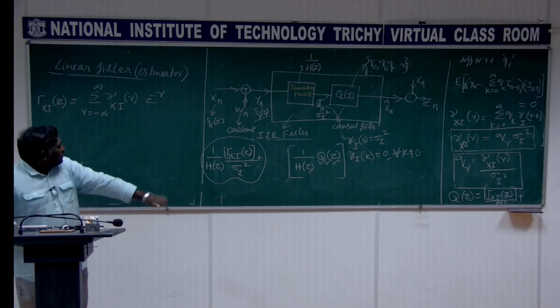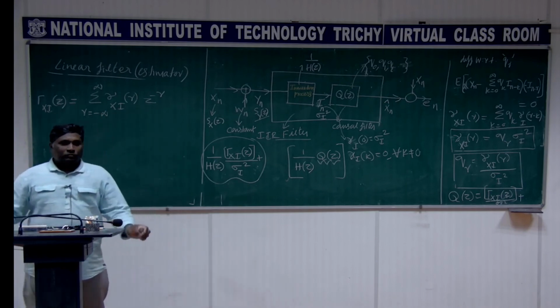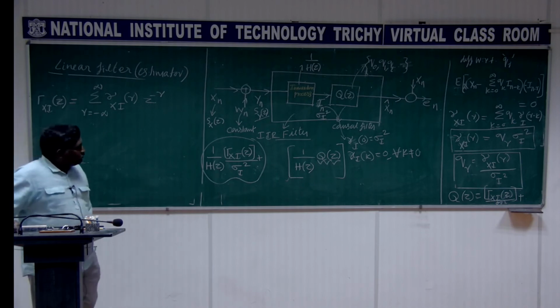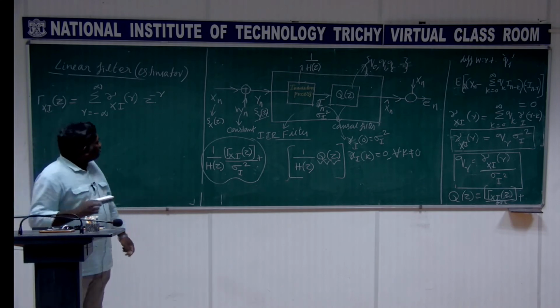But how to simplify this gamma xi of r? What information do you know about this gamma xi of r?